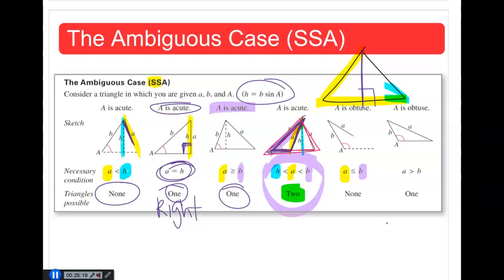And you can see that it's because side A is just too short to even form a triangle. Okay, and then finally we have another case which is one solution, and that will be if A is the largest side and it's larger than B.